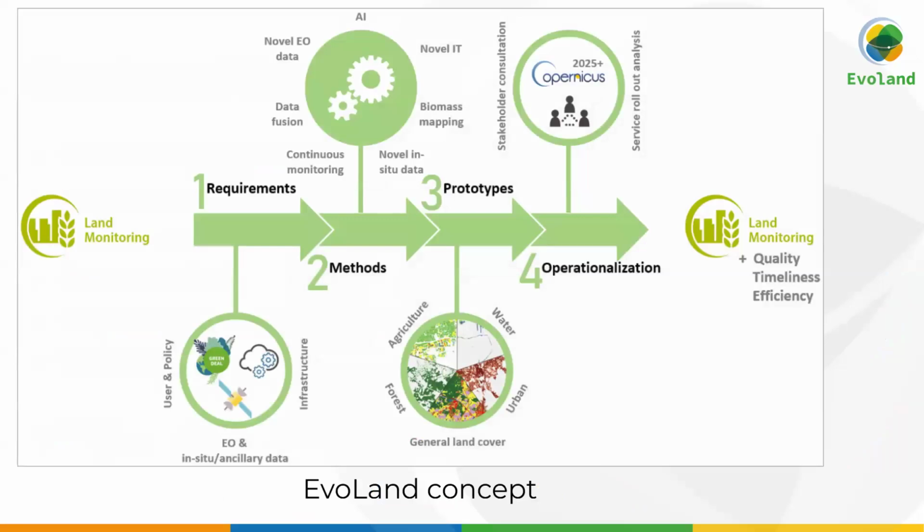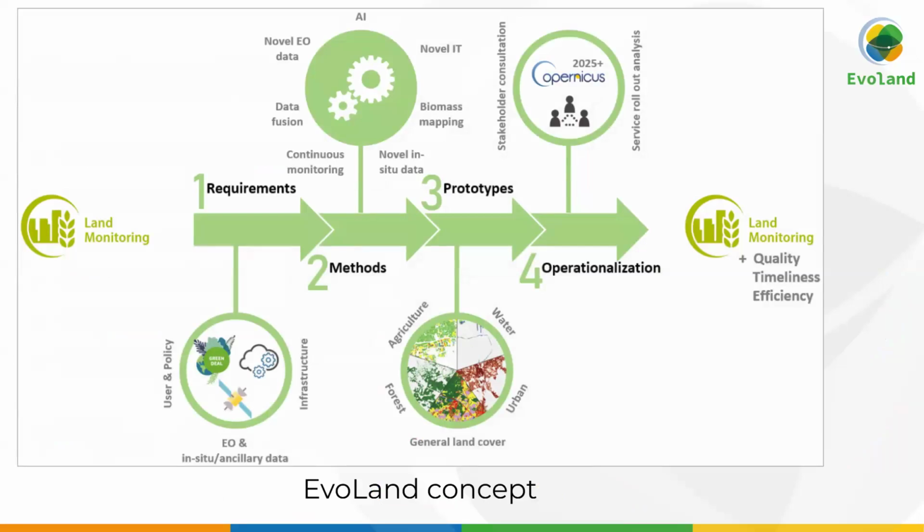The project itself, we broke it down into 4 steps: the requirements, the methods, prototypes, and operationalization. And we kind of tackled each of those blocks separately by different partners, and then tried to connect those.